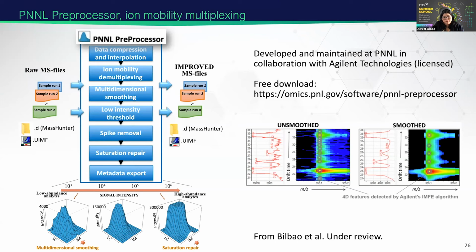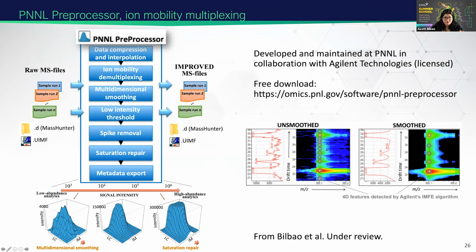We have multidimensional smoothing and low intensity filtering. Other algorithms are called spike removal, to remove other types of low noise, and a saturation repair algorithm, and we also have options to export metadata.